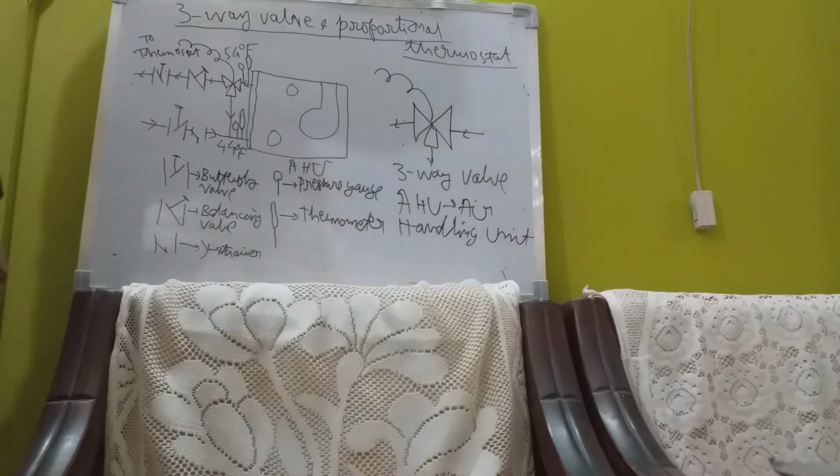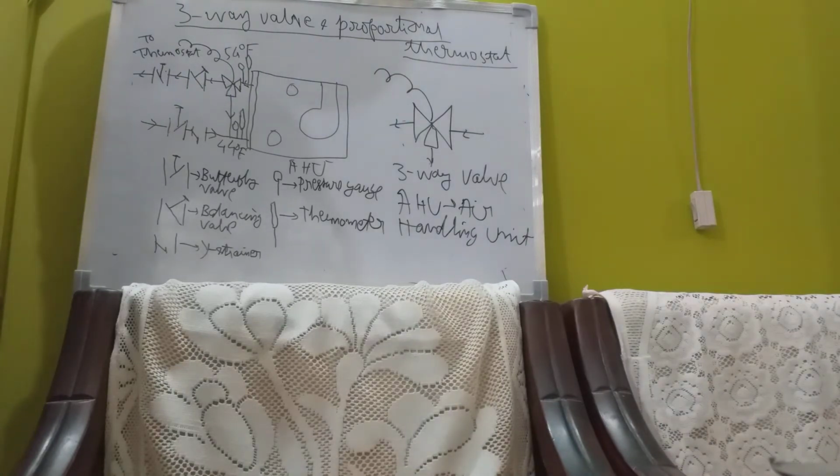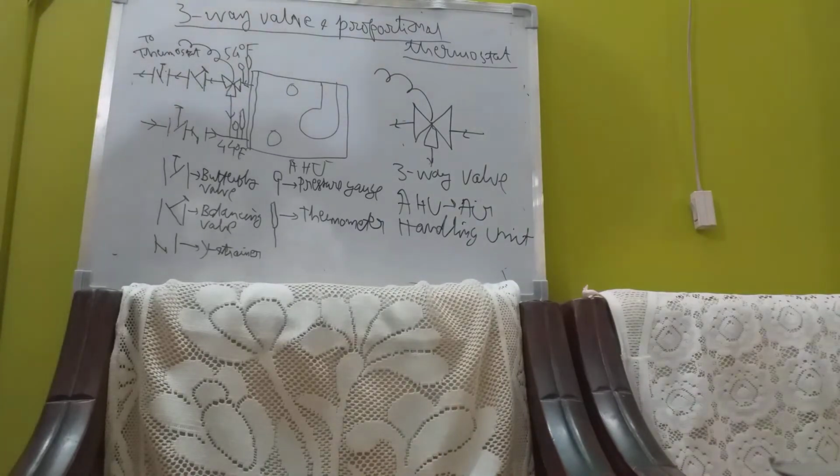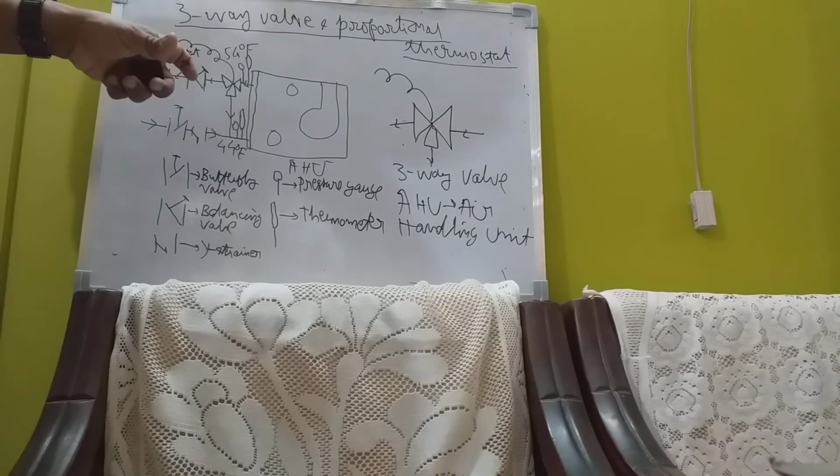Gradually means it slowly opens and slowly closes, depending on the direction from the proportional thermostat. The proportional thermostat talks about a particular temperature, and depending on the temperature, it gradually opens or gradually closes.